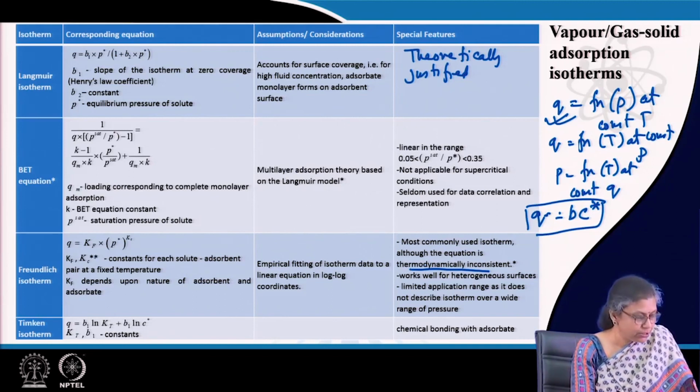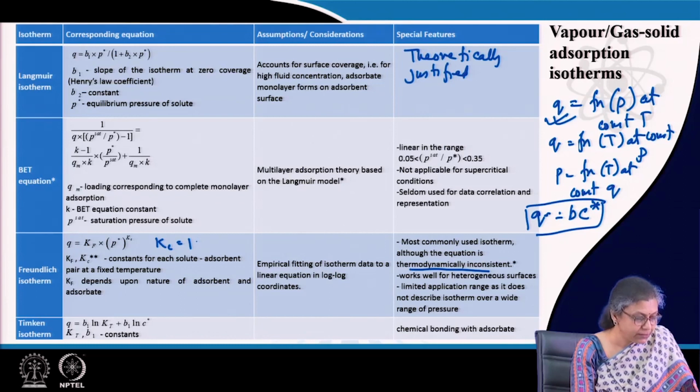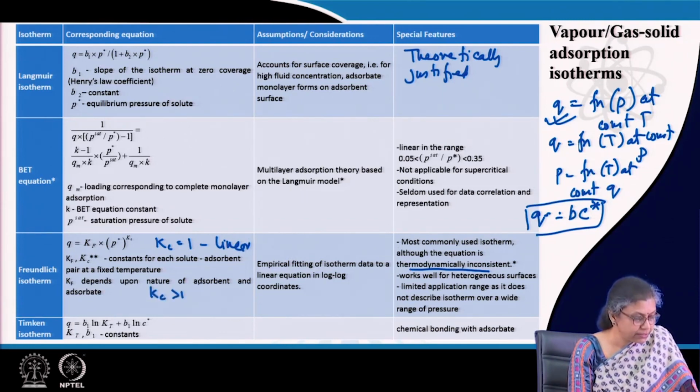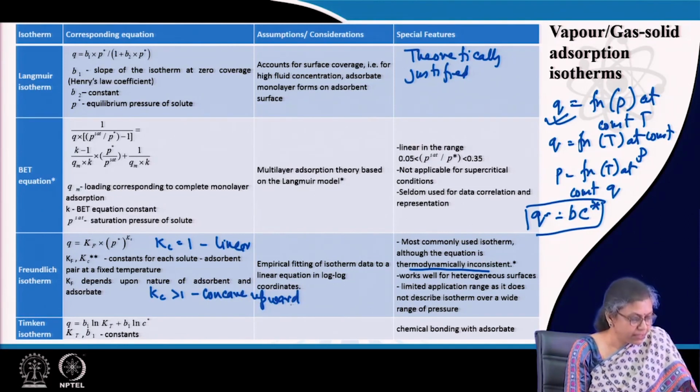In this equation, if you observe, when Kc is equal to 1, the isotherm is linear, and when Kc is greater than 1, the isotherm is concave upward, and this indicates good adsorption capacity.